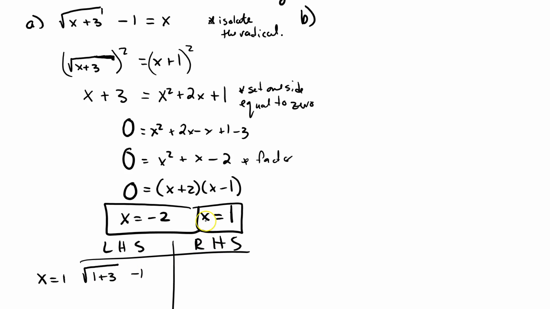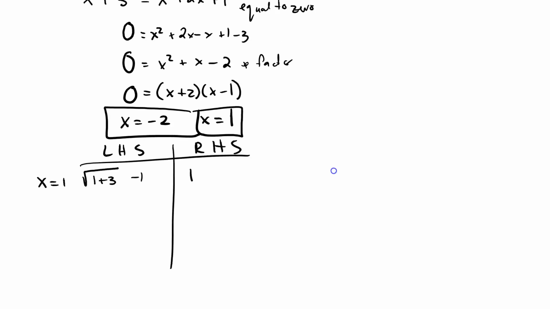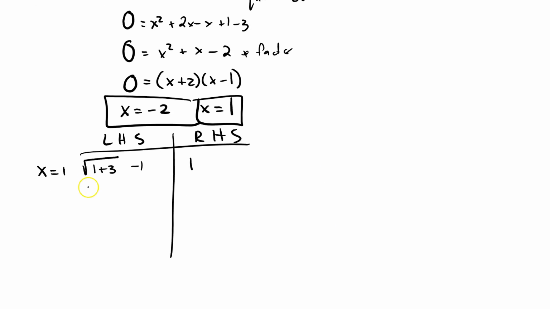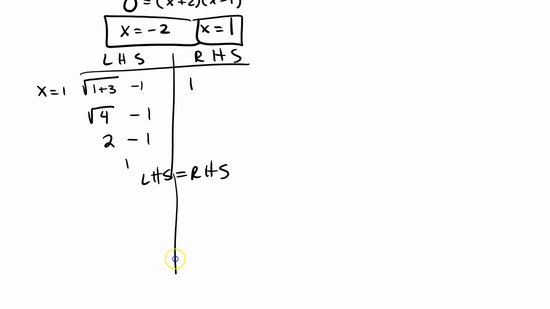And the right-hand side is x, but I'm going to substitute in 1 because that's the solution we're verifying. The square root of 4 minus 1, 2 minus 1, 1. Left-hand side equals right-hand side. We're good. Woot woot. So we know that 1 is a solution.